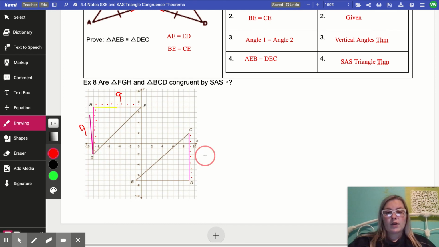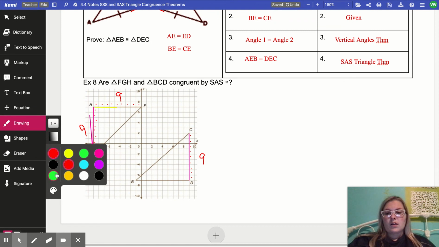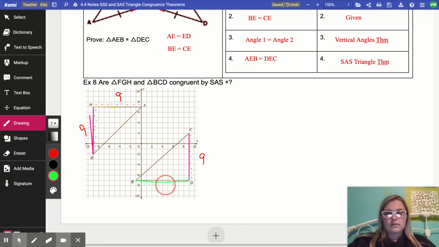Okay, so far so good. Now from B to D, I go 1, 2, 3, 4, 5, 6, 7, 8, 9, 10. Okay, so 10 isn't equal to the other side here, okay? This is the only 10 we have.